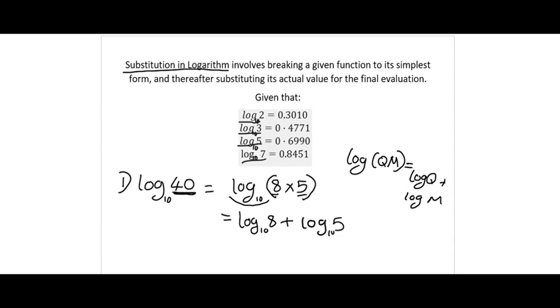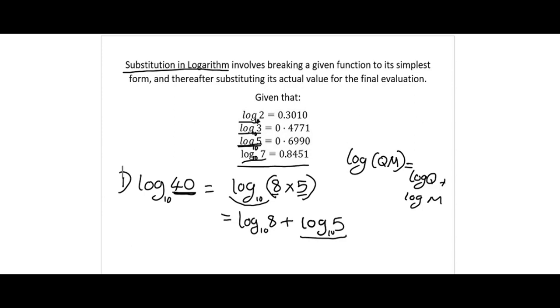Okay, so that's what I have here. So now we notice that I have log 5 here, so I can easily substitute it here. But I don't have log 8. I don't have it in my list here.